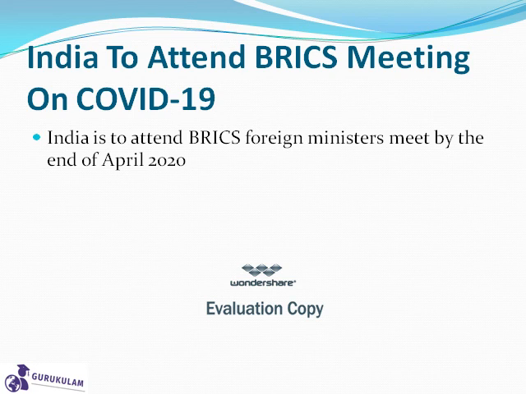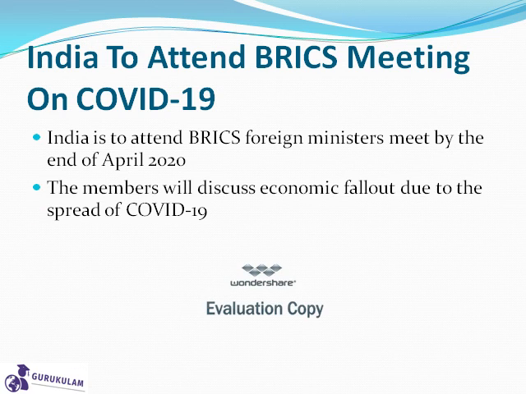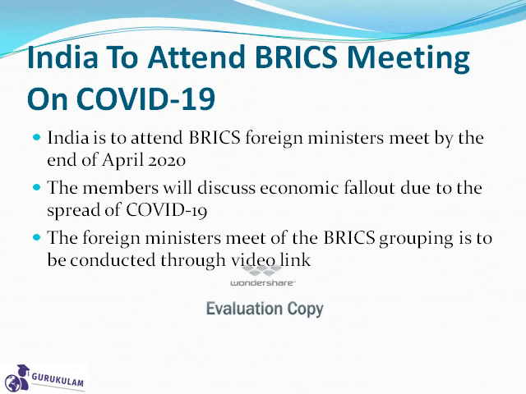So India is to attend the BRICS foreign ministers meet by the end of April 2020. So this is your current topic and this is very important for you. The members will discuss the economic fallout due to spread of COVID-19. The foreign ministers meet of the BRICS grouping is to be conducted through video link only.